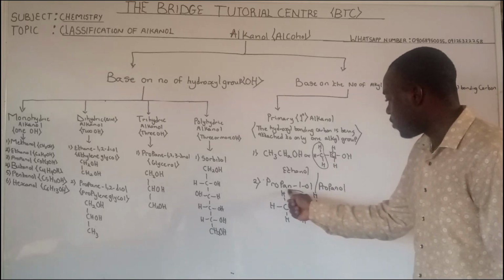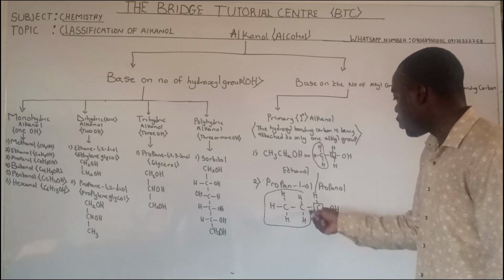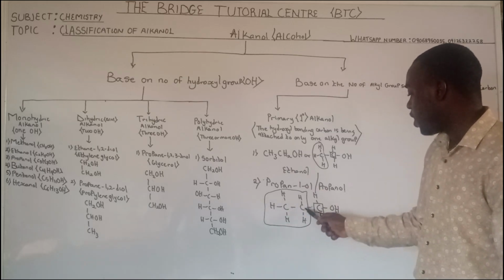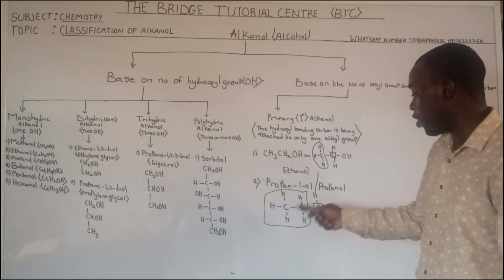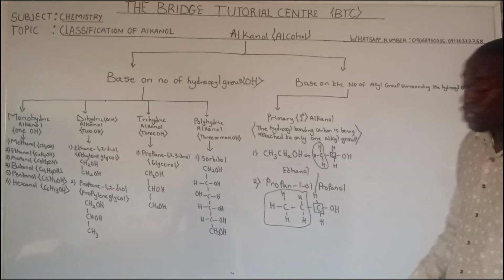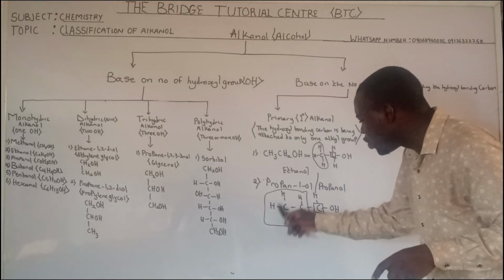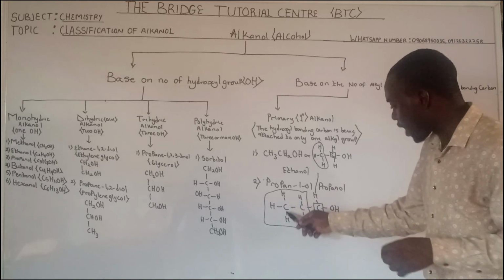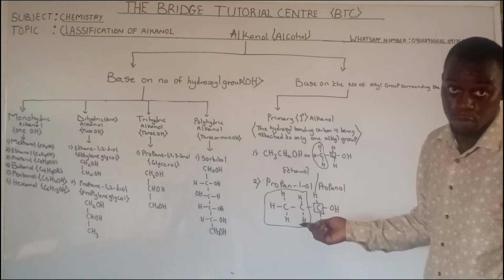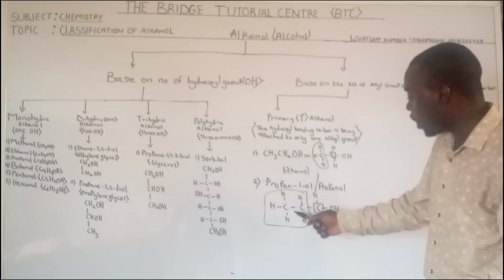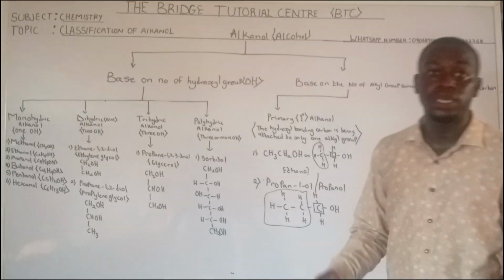Everything here is an alkyl group, and we can call it alkyl. What's the name of this alkyl? CH2CH3, or C2H5. That's ethyl. So we have only one alkyl attached to it. Don't forget, this is just one alkyl. It has 2 carbons, but that doesn't matter. It may be propyl, butyl, or pentyl.